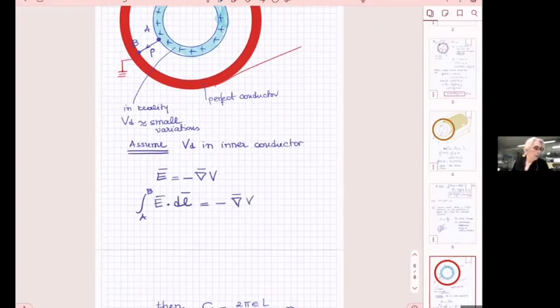To remember the gradient in cylindrical coordinates, I need to get my book. Where's the book? There, because I don't remember that.